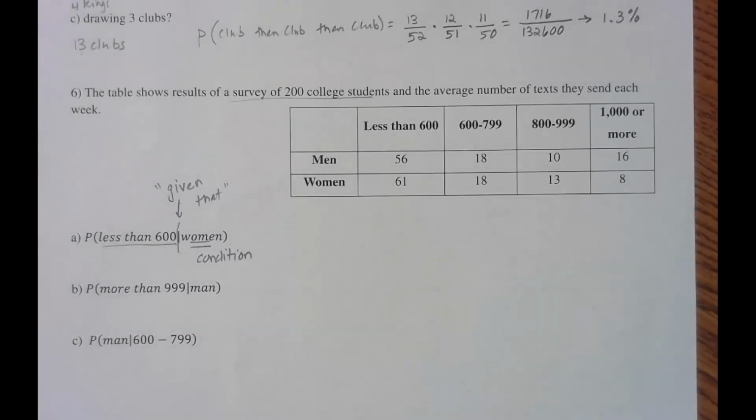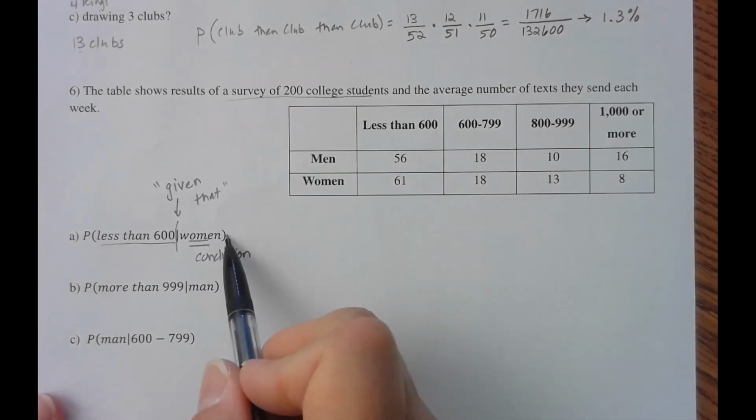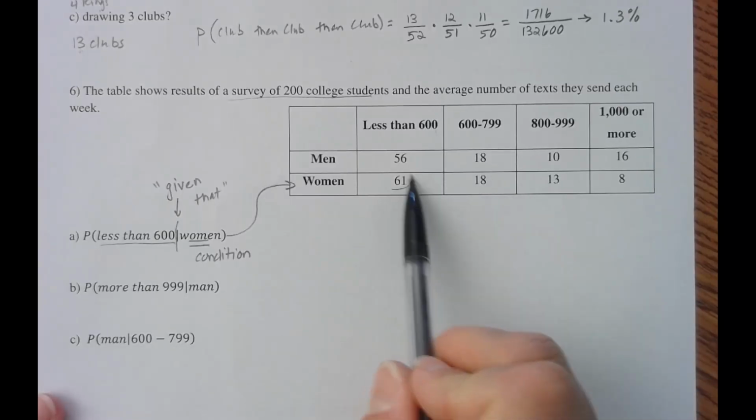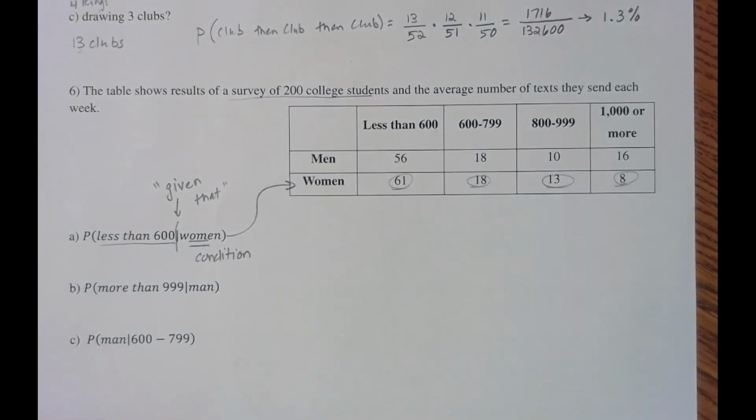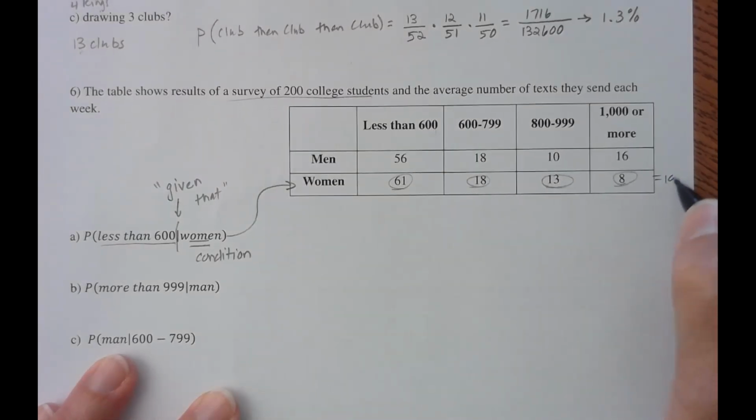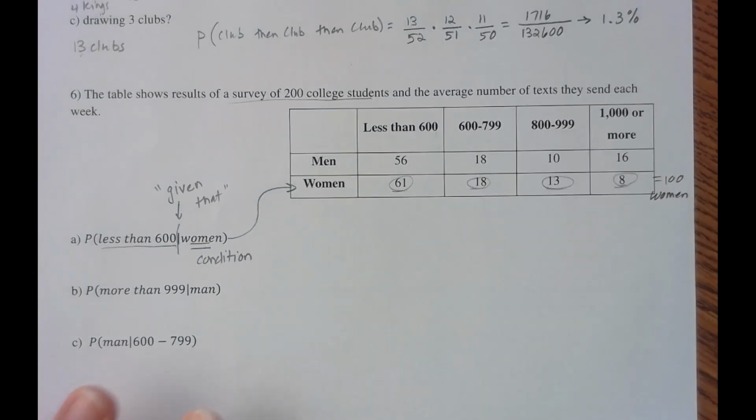So we're looking at just the women. All right, so if I'm looking at just the women, I need to know how many women total were surveyed, and if you add this up, this is 100 women altogether.